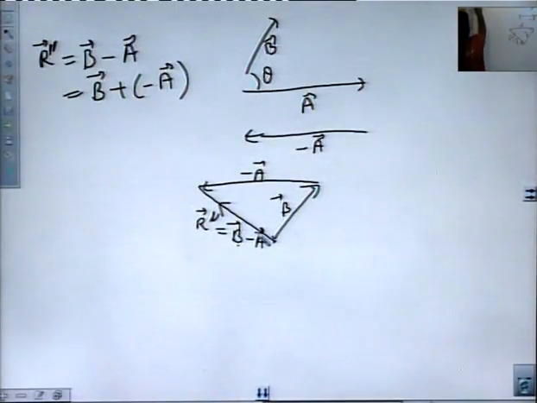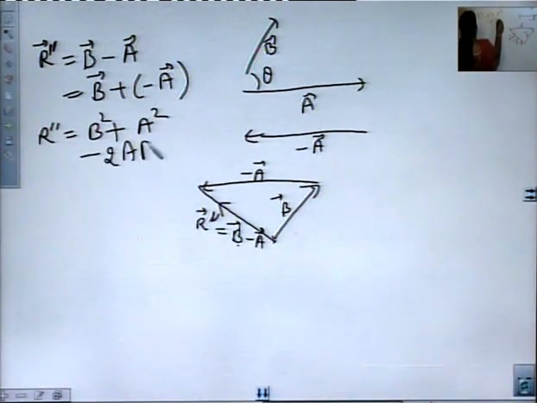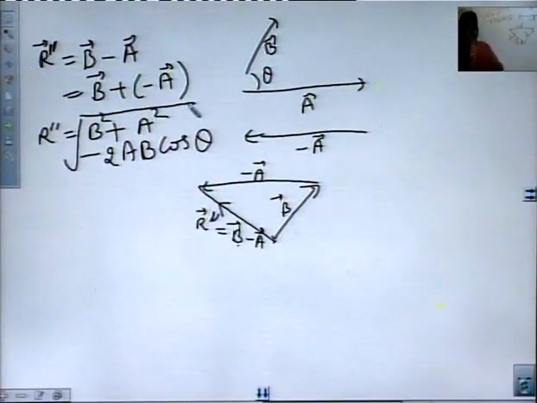So this is the R double dash vector and its magnitude is equal to the square root of B square plus A square minus 2AB cos of theta. So in this case we can subtract two vectors.